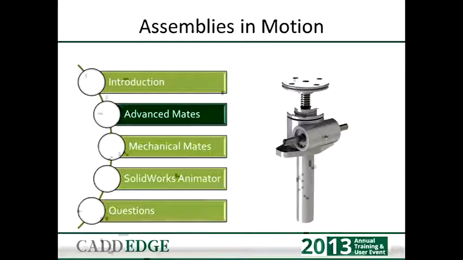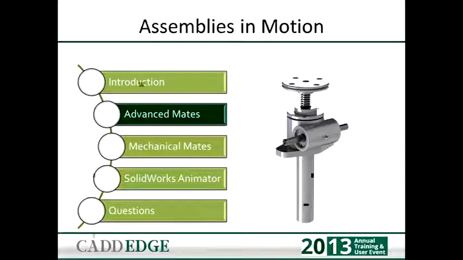So I've broken this down. I've split this up into two sections here. We're going to focus on advanced mates and mechanical mates. I was originally going to show these in order, but just given the reality of working with mates inside of SolidWorks, you know quite well if you've worked with SolidWorks assemblies before that you don't go through and add all of your coincident mates, for example, first, and then add your concentric mates after that.